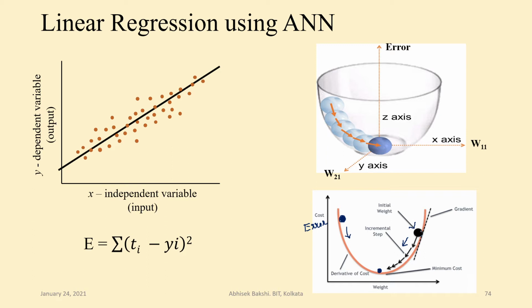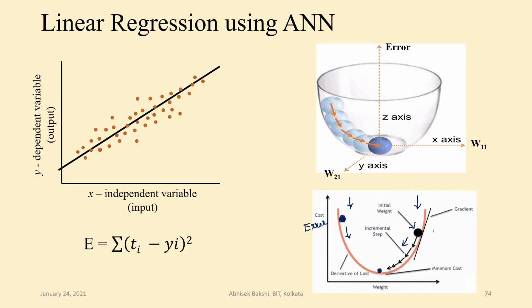And this is the gradient of the curve of the error. You see, since we are going downwards, if you are on this side you go in this direction, and if you are on this side you go in this direction. So basically what you are doing is going against the gradient of the error curve.